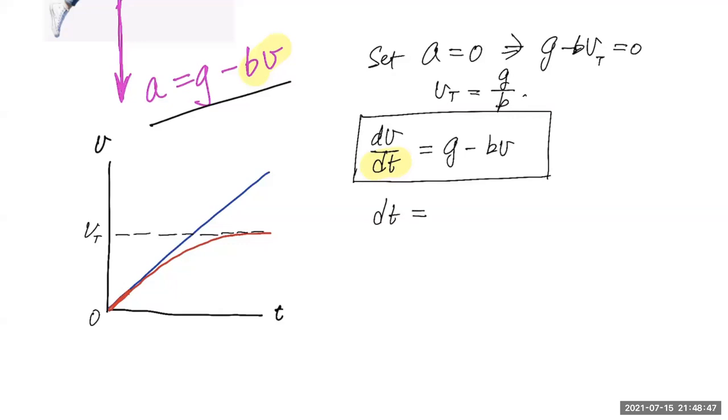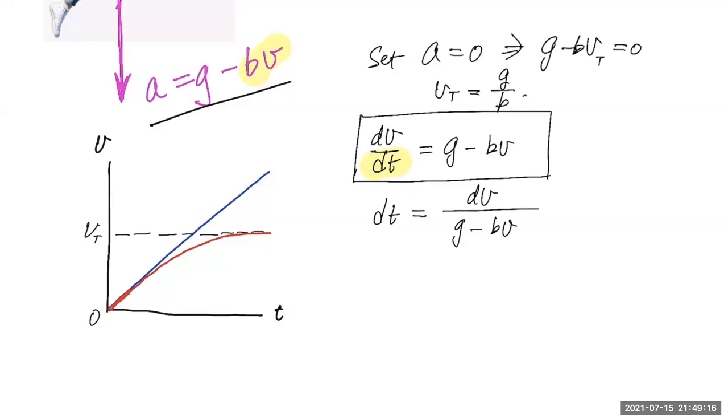You move this g minus bv down to combine with dv: dv over g minus bv. This is called separation of variables. It's a very crucial technique in solving differential equations. This course does not need any differential equations, but you're seeing the first one, and it's quite easy to solve because we have successfully separated the variable t on one side and v on the other side.